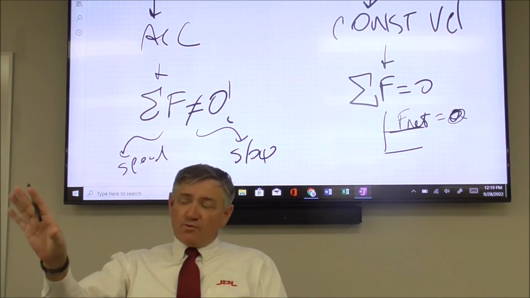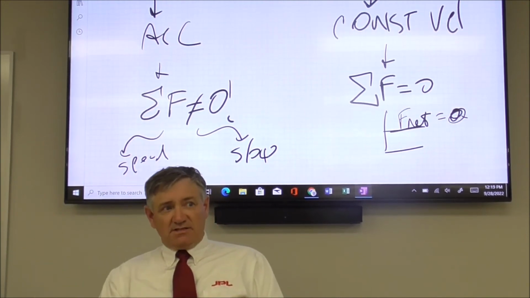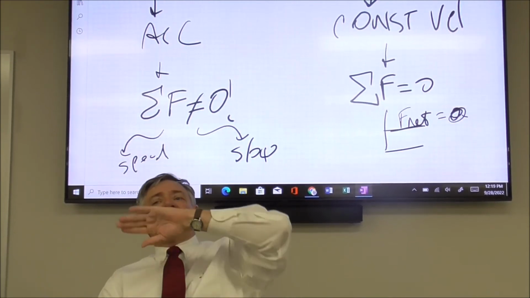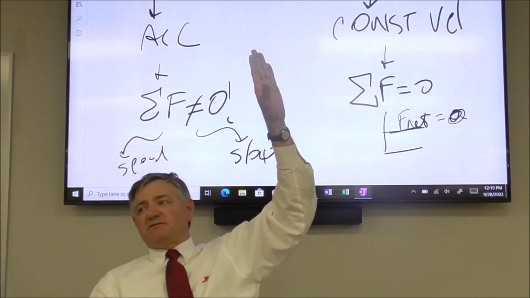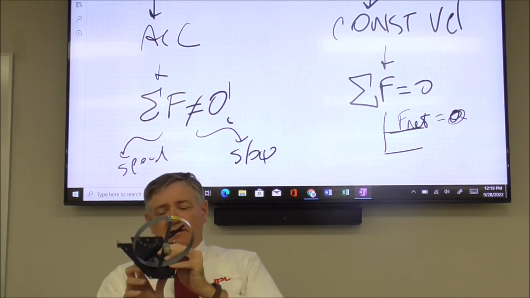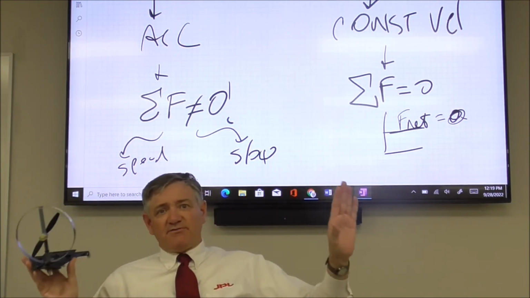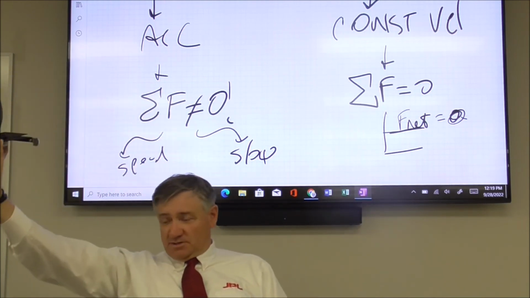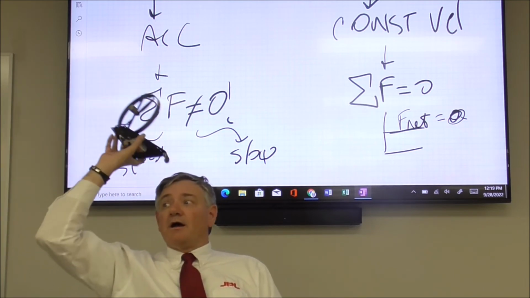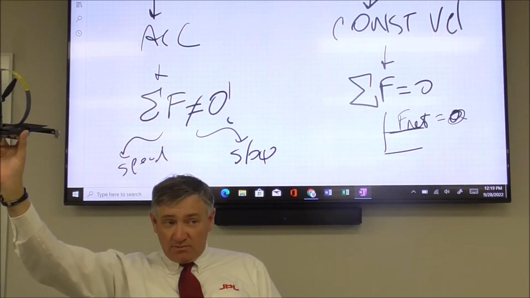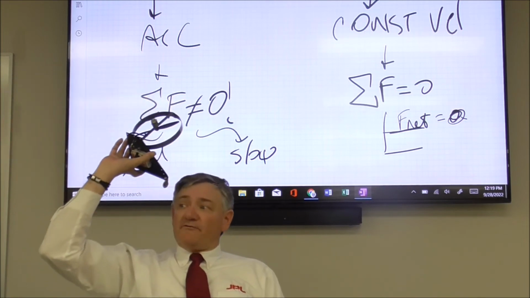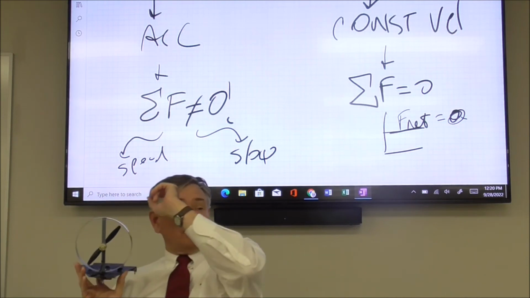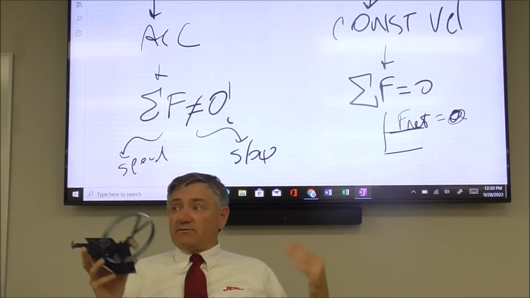Now, there's another way that you can have constant velocity without any forces. So imagine that we are in deep, deep space, okay? And we're in deep space, no effective gravity, no air resistance, nothing. If I gave this a push towards dying, and there was no forces, there's no gravity, there's nothing, it would go directly towards dying, because there would be no forces to make it speed up, slow down, or accelerate.